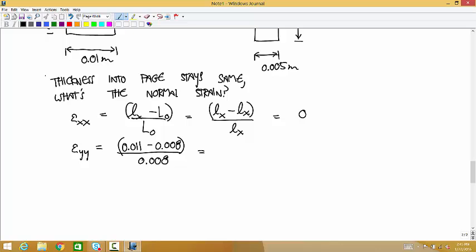So that's 0.003 over 0.008, which is 0.375.